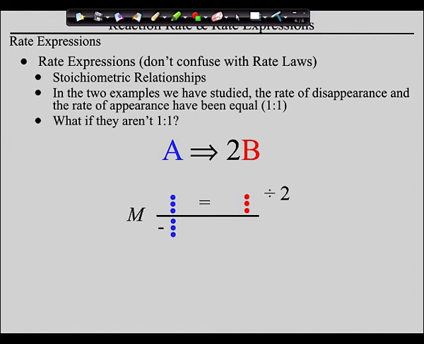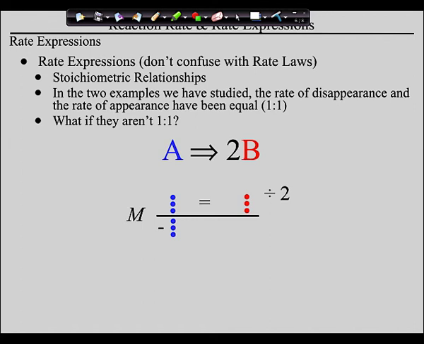So guys, this is the bottom line. When you write rate expressions, what you're trying to do is get these similar rates to be equal. The way to do that is to make the rates for the reactants negative, because that flips them over, and then divide by the coefficients, and that makes them the same height.